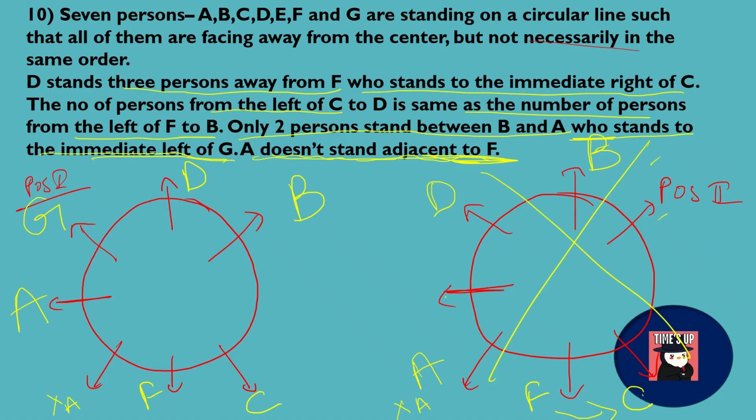So one person is left, that is E, and it will come here. That's it. This is your correct arrangement. Now, related to this, two questions are there. We will solve that.